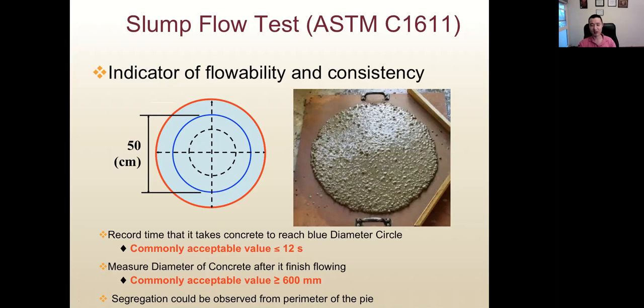If the slump flow diameter is too high, the concrete tends to segregate. And we can also observe segregation at the perimeter of the concrete patty. If we see a layer of paste around the perimeter, then the concrete will definitely be segregated.